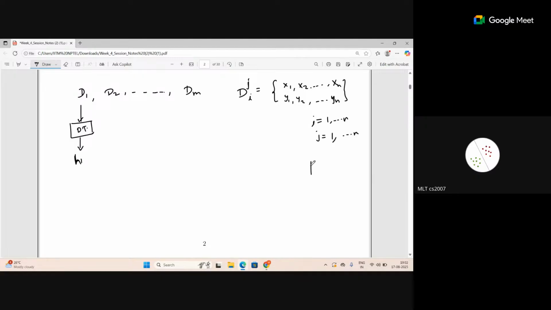You remember the decision tree, right? How does it look? In any decision tree you have a question like fk is greater than theta k. If it is yes, and if it is no, you will ask the next question, right? Or some other question based on another parameter, and you grow it like that.